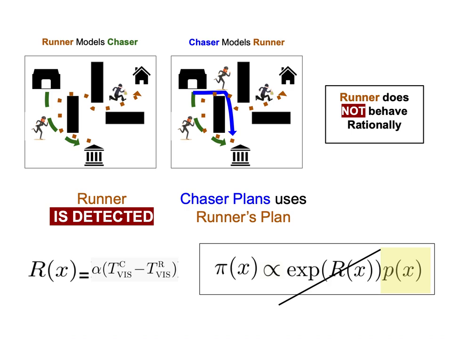But in this case, the runner performed poorly when it came to rational decision making. So when this happens, let's say the number of times each expects to be seen is equal, the reward turns out to be 0. And suddenly, because of our formulation of the reward model and our final density, we end up relying on the prior distribution.